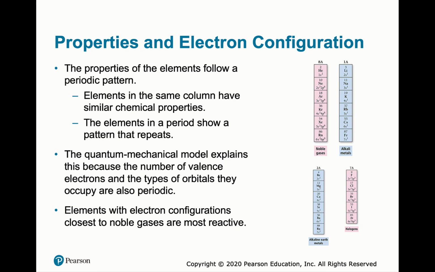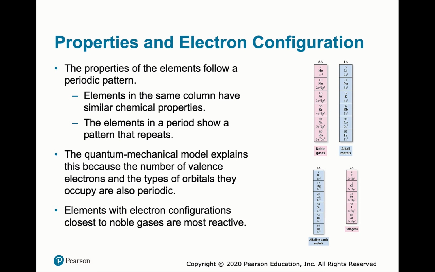There are certain chemical and physical properties that follow the electronic configurations. For instance, noble gases tend to be unreactive, and they're gases at room temperature. Alkali metals are very light, less dense, and very reactive, with just one electron coming off.